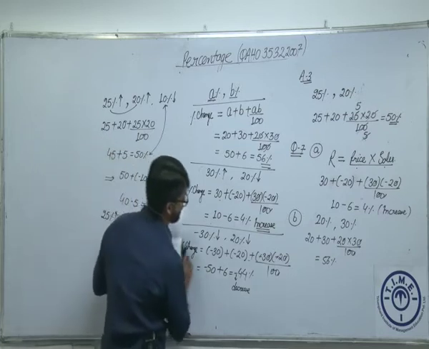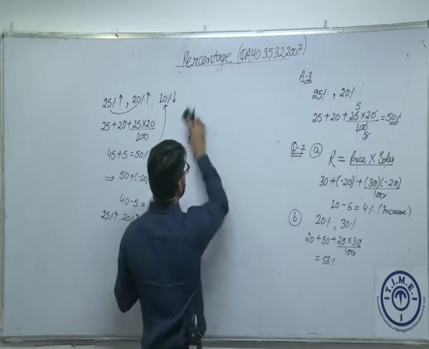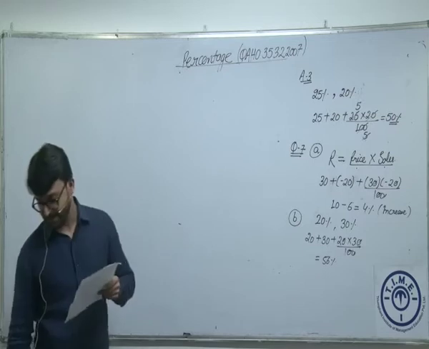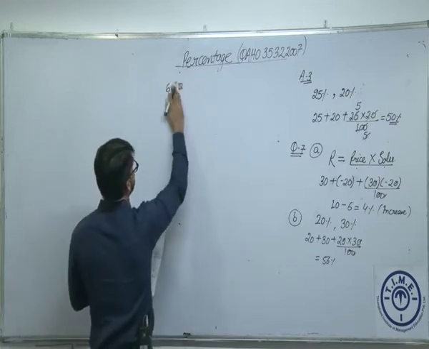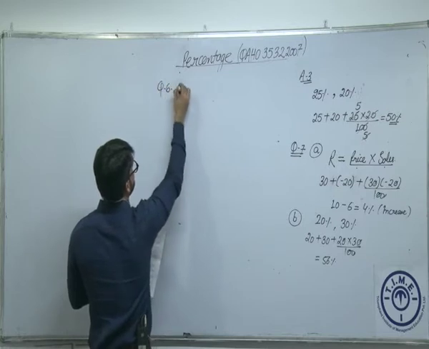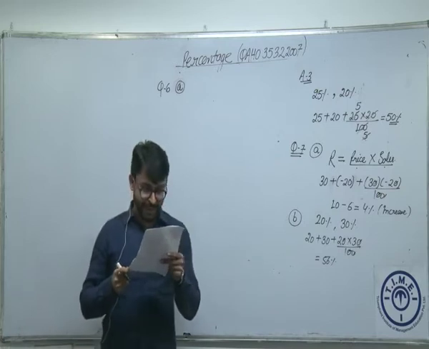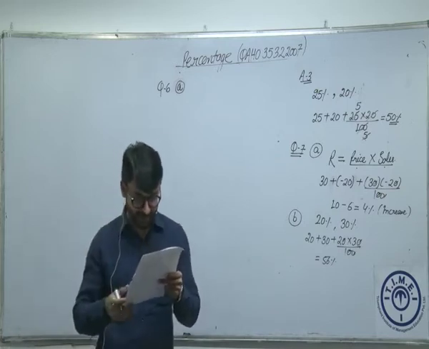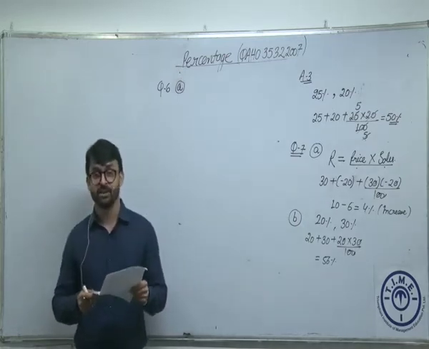I would like to take one more question on the basis of this. Little different, but we are going to use the same concept. Question number 6, part A. If the price of an item is increased by 25%, by what percentage should it be reduced to bring it back to the original level?